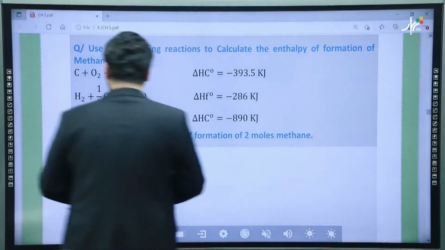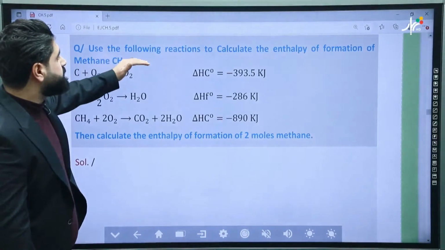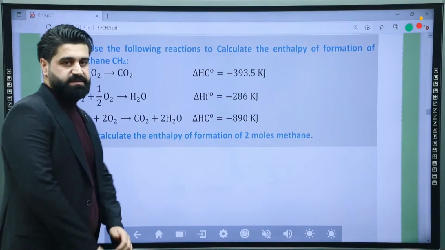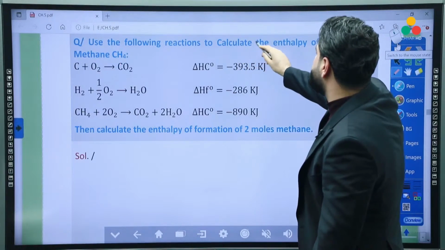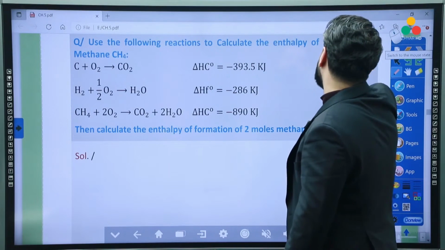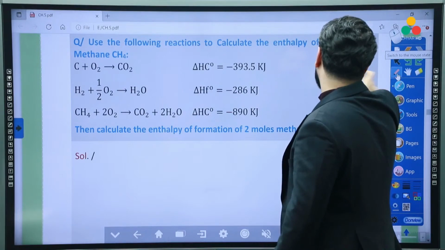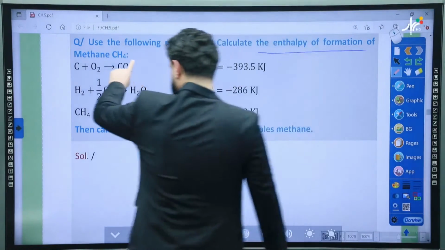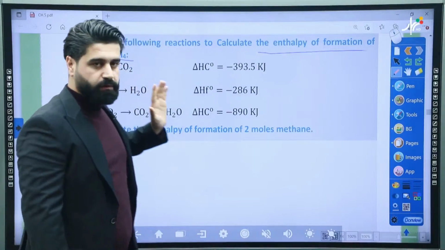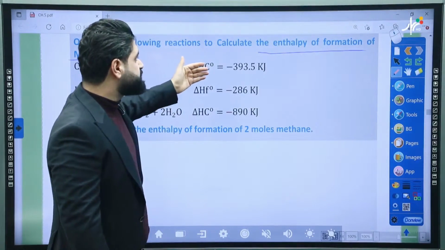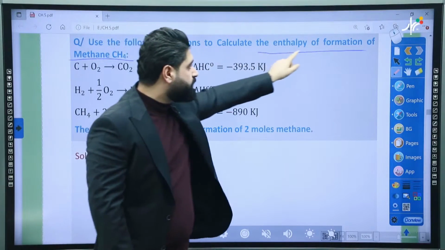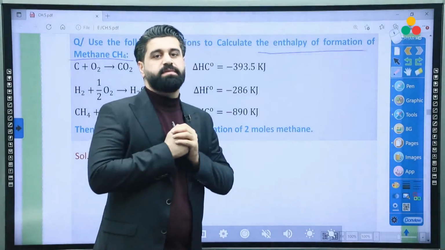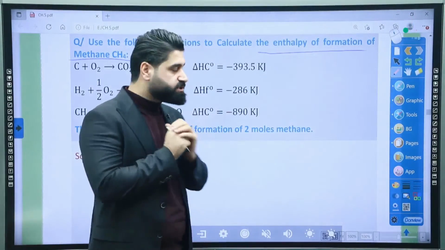Look. Use the following reactions to calculate the enthalpy of formation of methane, CH4. First of all, in the determination of enthalpy of reaction, we must have a general chemical equation.